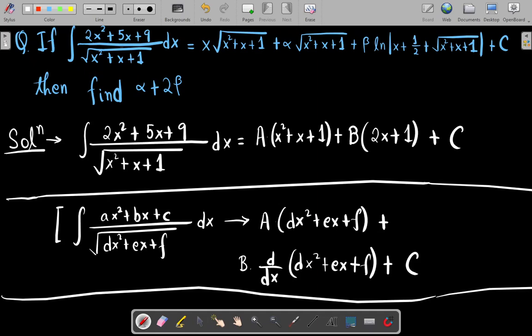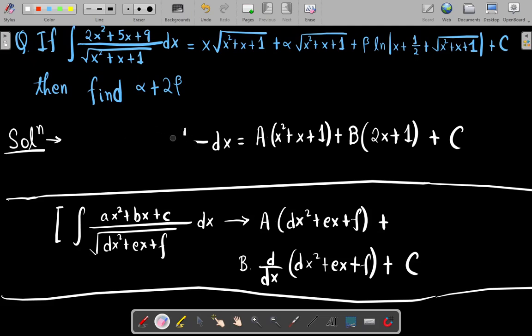Sorry, not the integral: the numerator of this integral should be equal to the right hand side. A slight mistake on my part while writing this. The left hand side should not be the integral; we are doing the substitution for the numerator 2x² + 5x + 9.